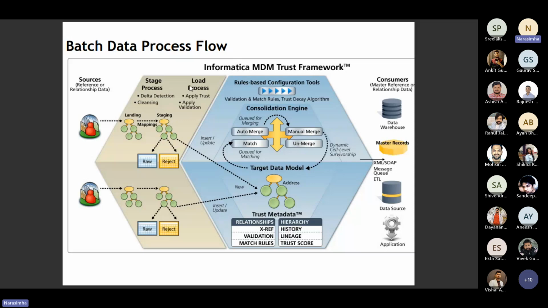We understood about staging. Now, once we have the data in multiple staging tables, the next step is to start making this cleansed data available under the main table of MDM, which we call the base object table.